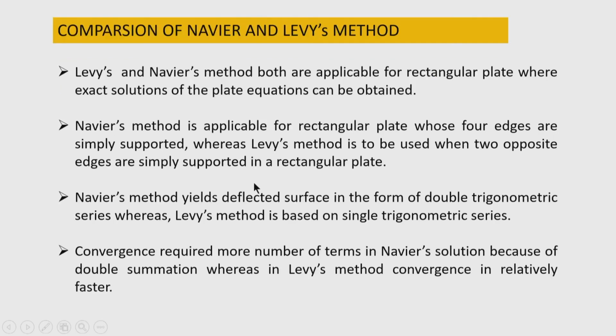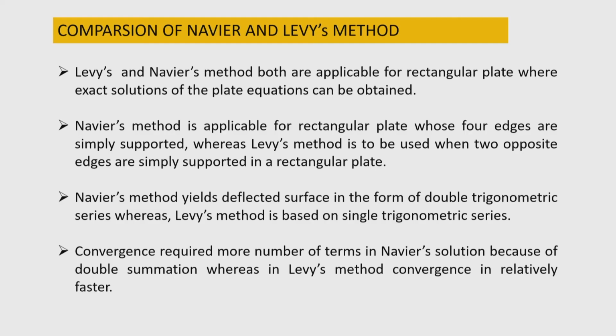If we compare the two methods that we have learned so far, one is Navier's method and another is Levy's method. Navier's method is specifically applicable for a rectangular plate which has 4 edges simply supported. That is the condition that must be satisfied first, then we can use Navier's method.